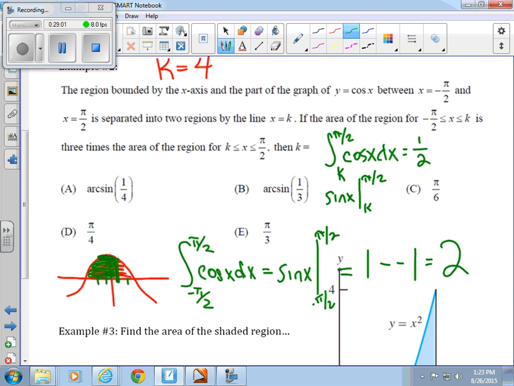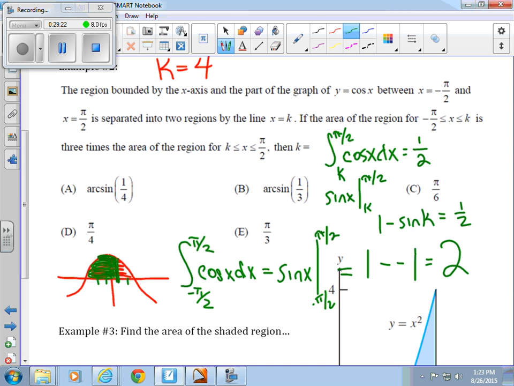I know sine of pi over 2 is 1, minus sine of k equals a half. Subtract 1 from both sides, I get negative 1/2 equals negative sine of k, or sine of k equals a half.